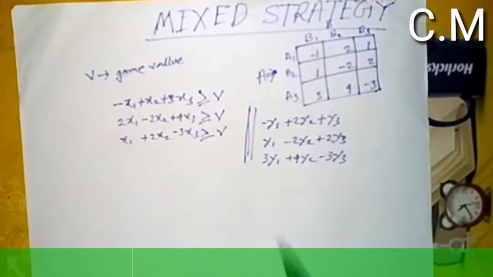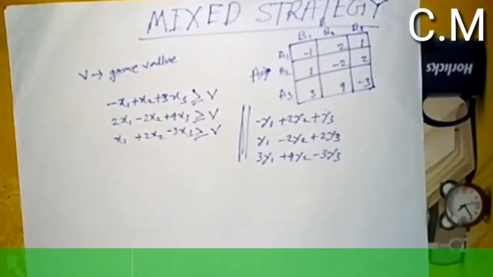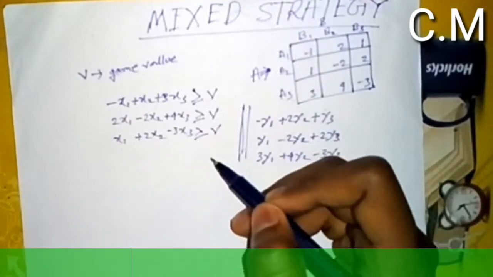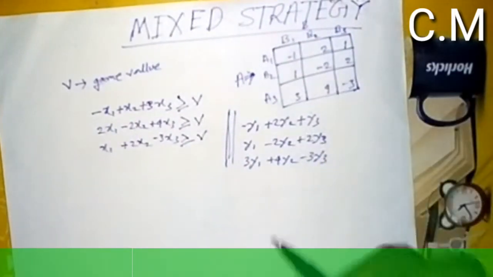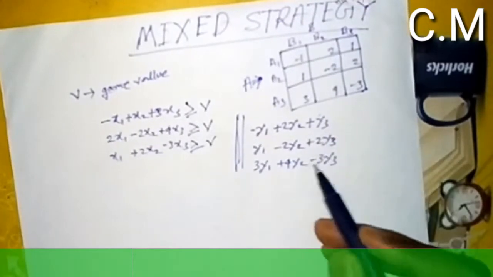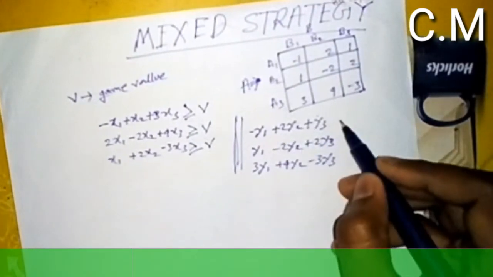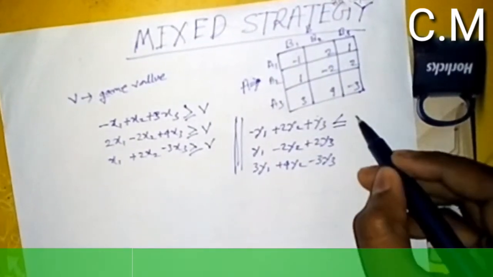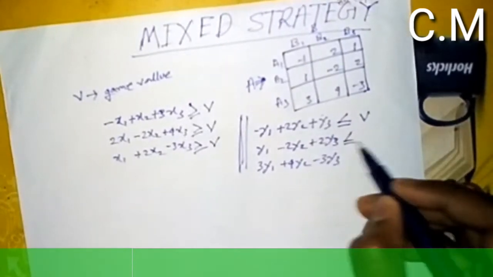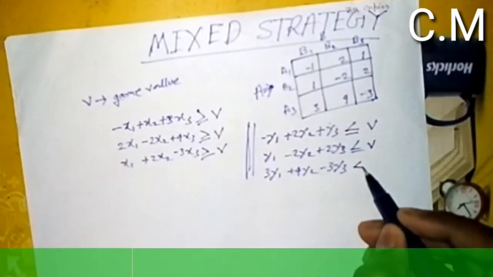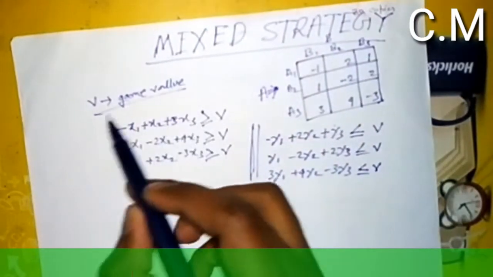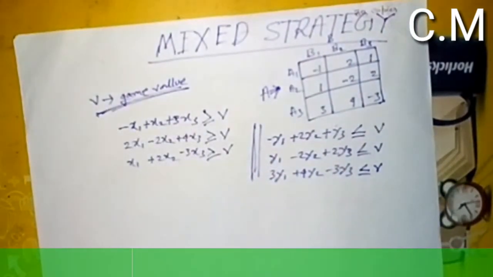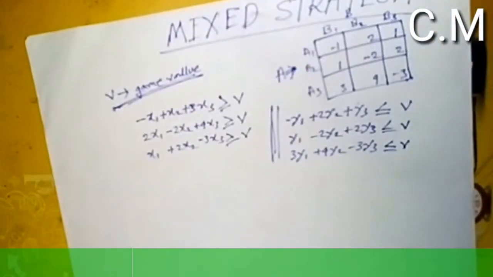It means A will make its profit equal to V or greater than V. Similarly, B is going to make a loss equal to V or lower than V. So what is V? V denotes the game value. We have to find the value of V at the end of the sum.